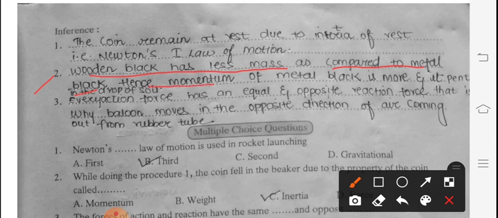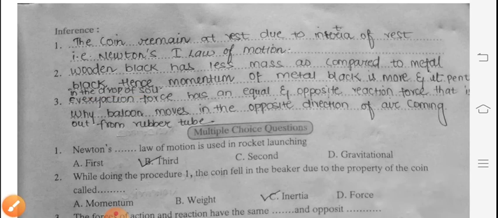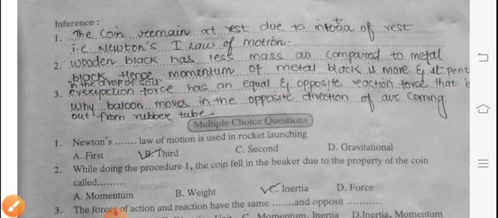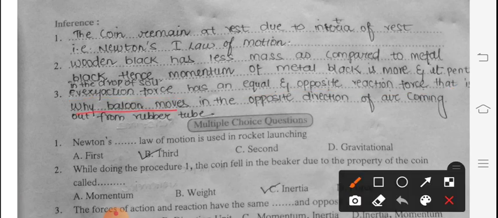Hence, the momentum of the metal block is more and it penetrates deeper in the soil. Point number 3: every action force has an equal and opposite reaction force. That is why the balloon moves in the opposite direction of the air coming out from the rubber tube.